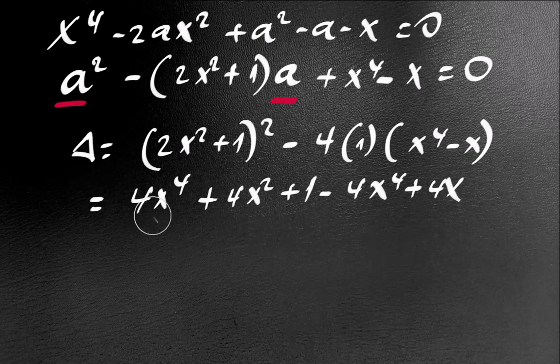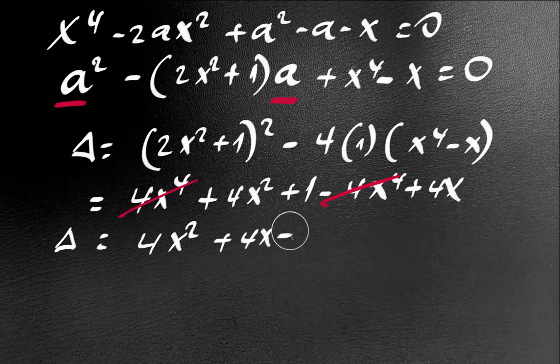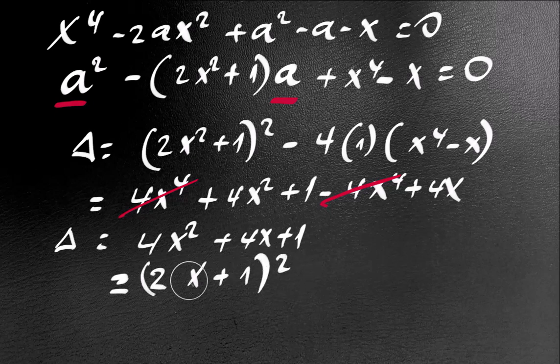So let's simplify: 4x to the power 4 minus 4x to the power 4, and we are left with delta equal to 4x squared plus 4x plus 1, which is a perfect square of definitely 2x plus 1. So it is equal to (2x plus 1) squared. So easy, square root of delta here will be just 2x plus 1. You can use that. Okay.